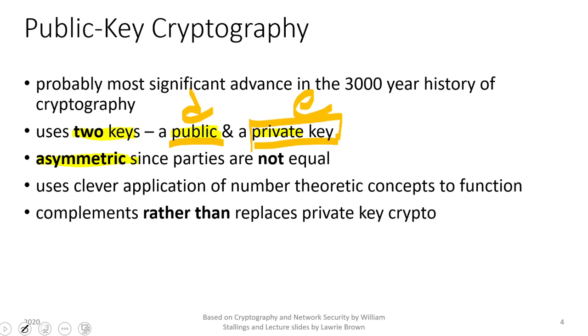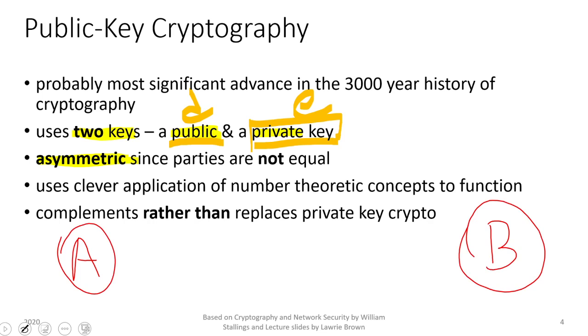Essentially, say there is party A and party B. If these two entities want to send and receive messages in an encrypted manner, party A would have a public key and a private key.